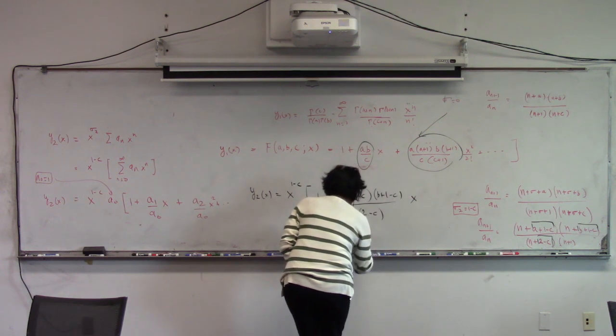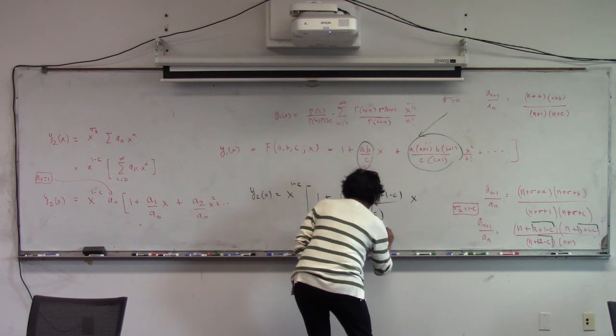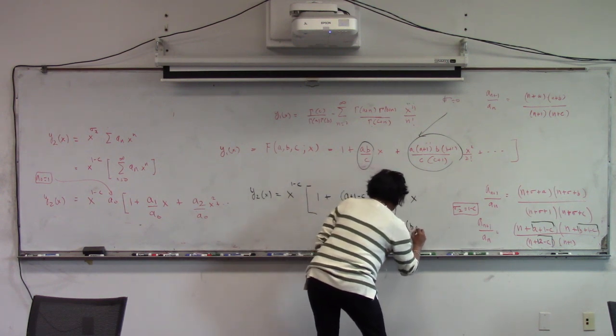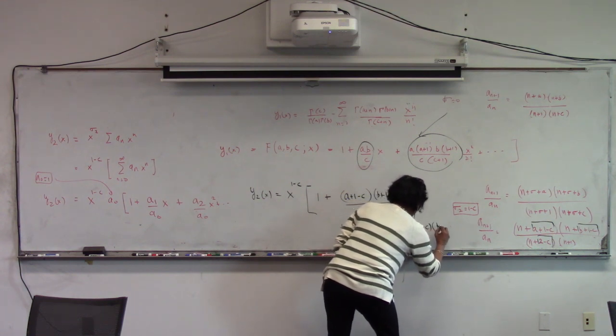This is a, so a plus 1, so you will have a plus 1 minus c, a plus 2 minus c, and so on and so forth. b is b plus 1 minus c, b plus 2 minus c.